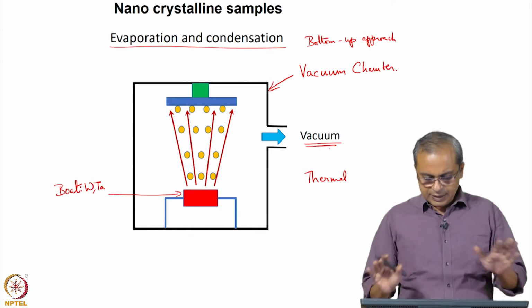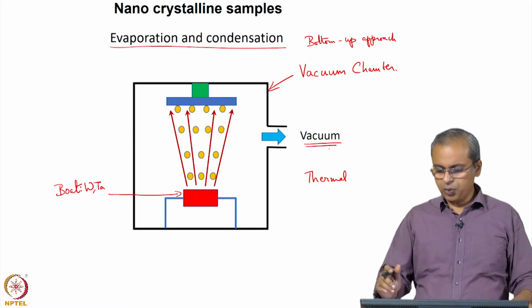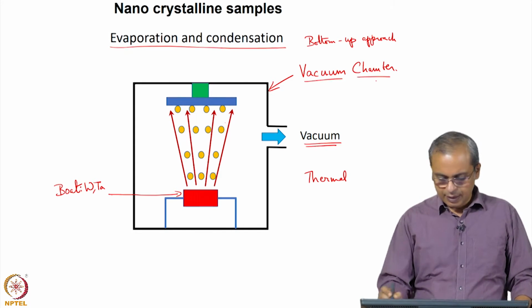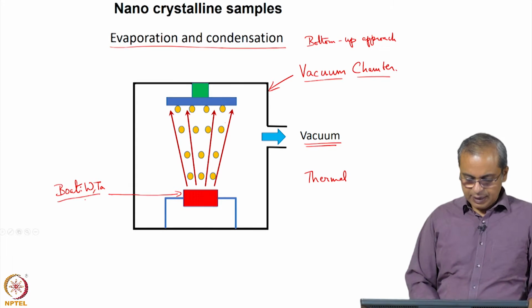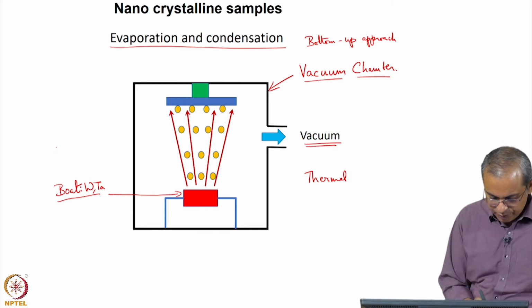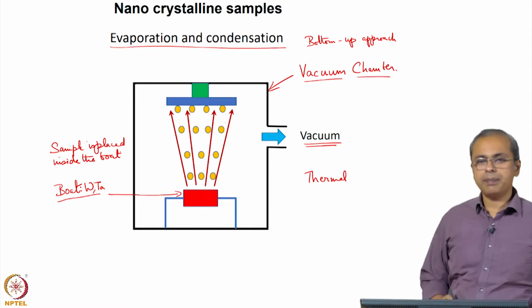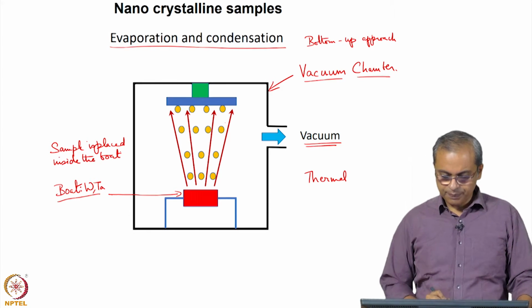Now, before you do this, let us see a few parts of this system. You have a vacuum chamber, this is the boat that we spoke about, and the sample is placed inside the boat.